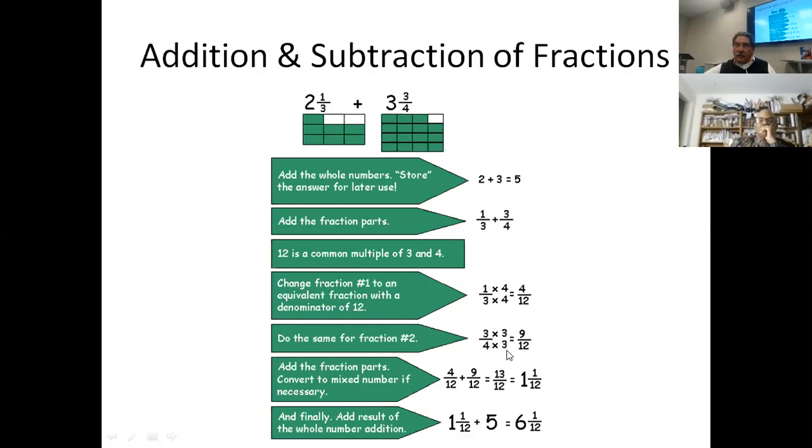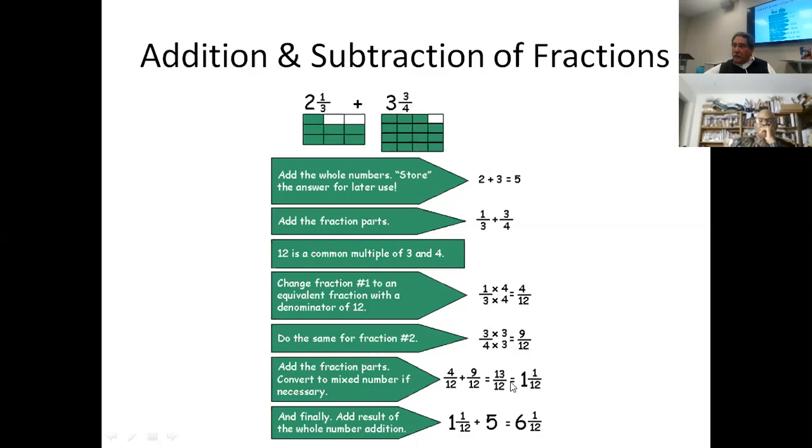Are you guys following me? Okay. So you add these two. They have the same denominator, so you just add their numerators. 4 plus 9, 13 over 12. Now this is an improper fraction. I have to change it to a mixed number.